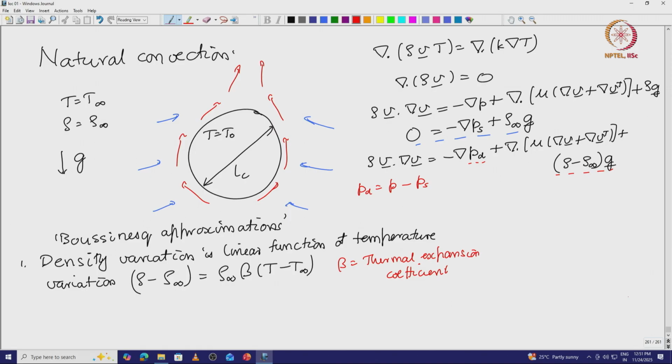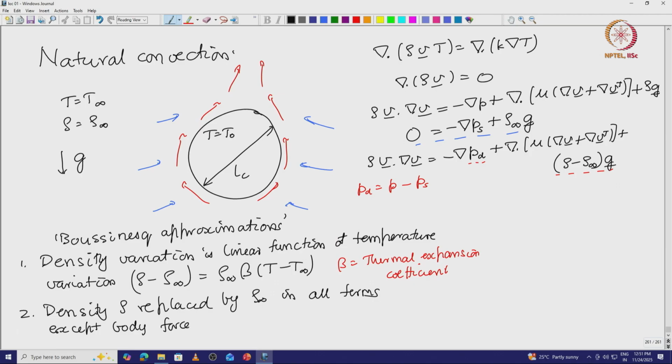Next thing. Density is replaced by rho infinity in all terms except the body force.